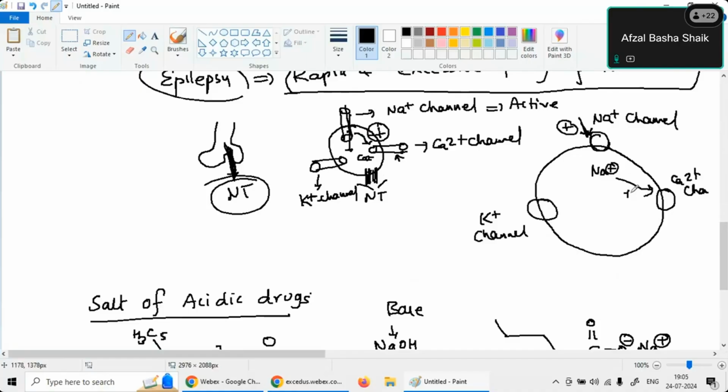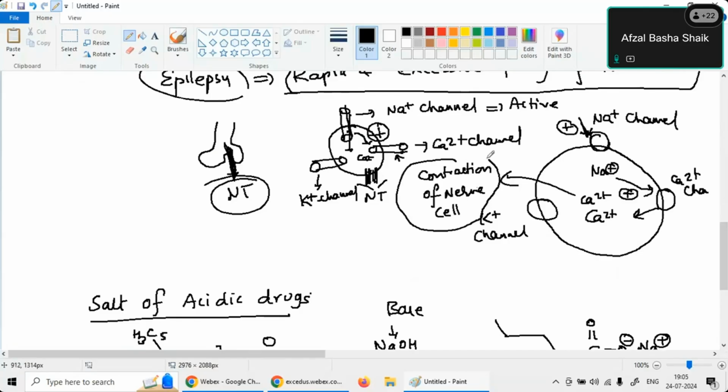This will stimulate calcium channels. It will increase calcium ions. Whenever calcium ions are more, there is contraction of the nerve cell. Due to contraction of nerve cell, there is release of neurotransmitter. This is the usual process that will occur.